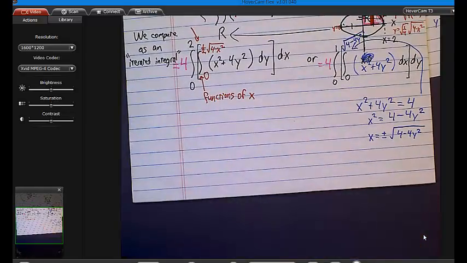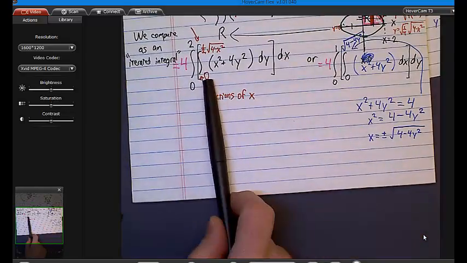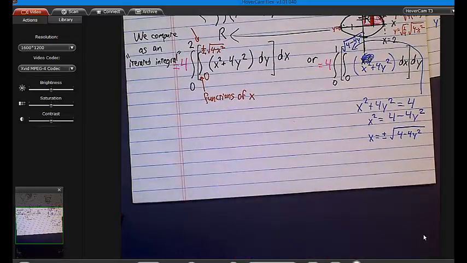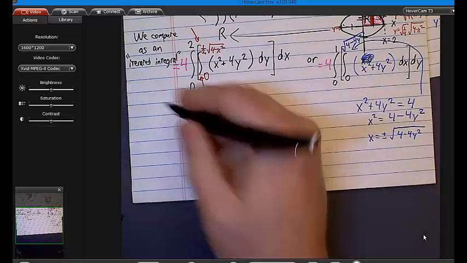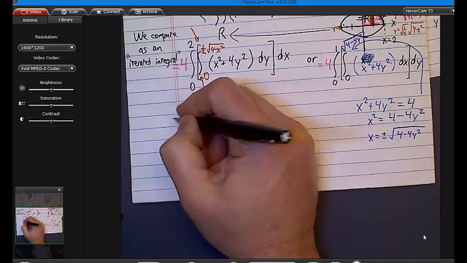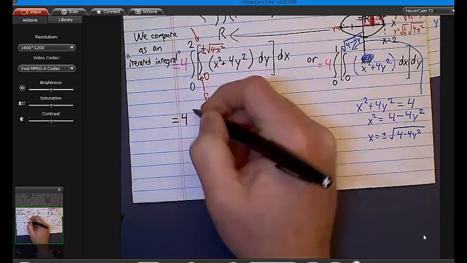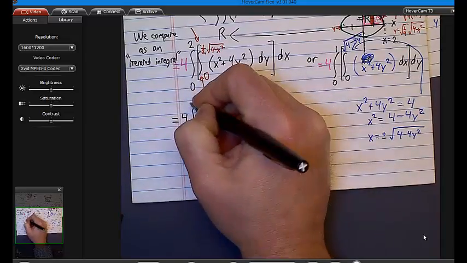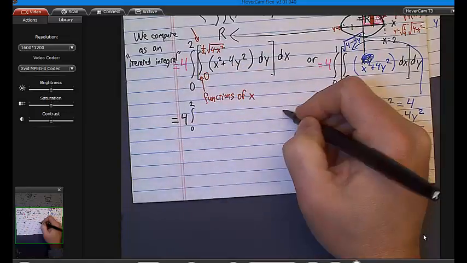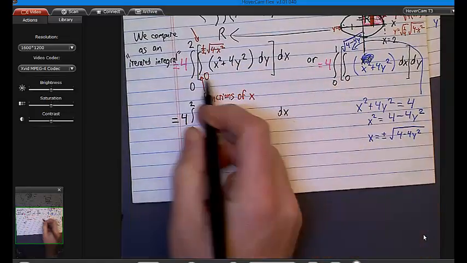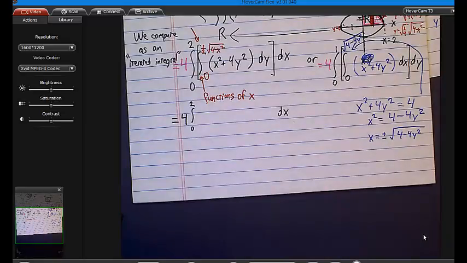So here I go. When I integrate this thing with respect to y, let me write it out as clearly as I can. I have the 4, I want to remember that. I have the integral from 0 to 2, and again, that's dx. What I'm working on right now is just this part in here. So let me pick a color. How about blue? There we go.